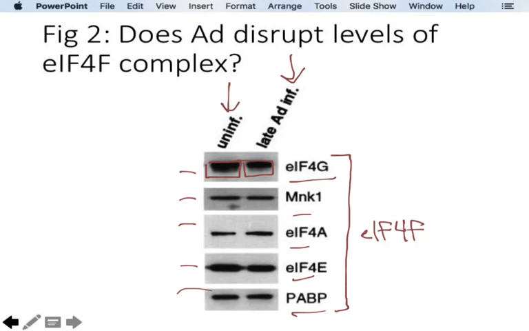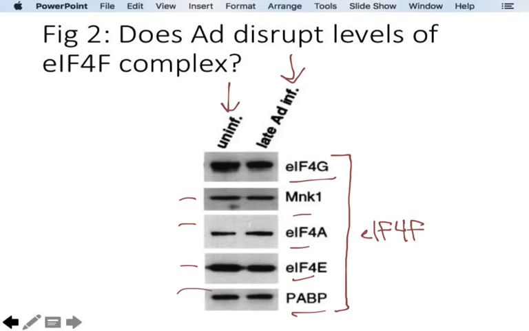What would we want to include here? I think that there's something missing from this figure that might help us to determine, is this effect on EIF4G real or is this an artifact of the experiment? Okay, like what, Annie?